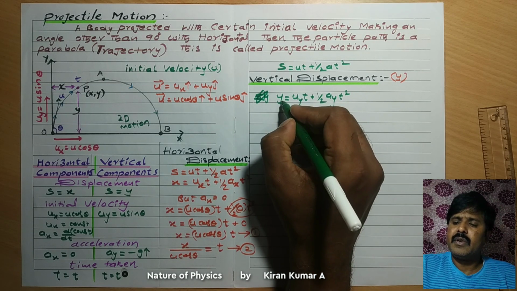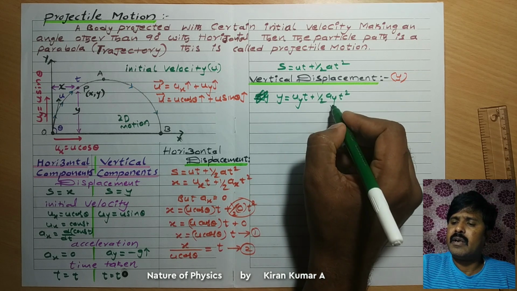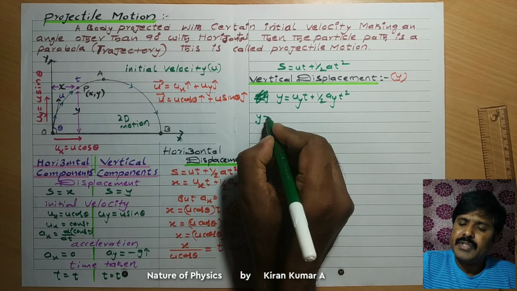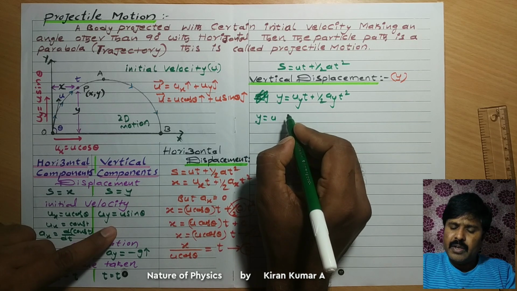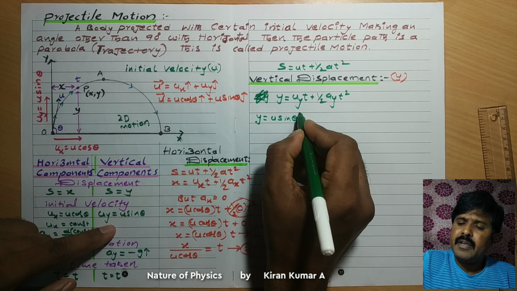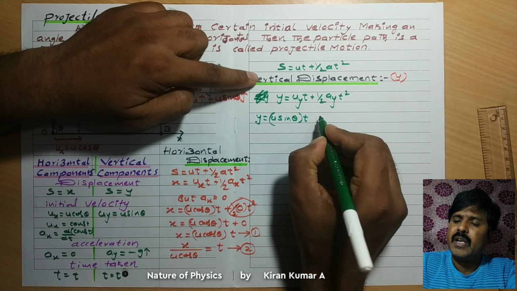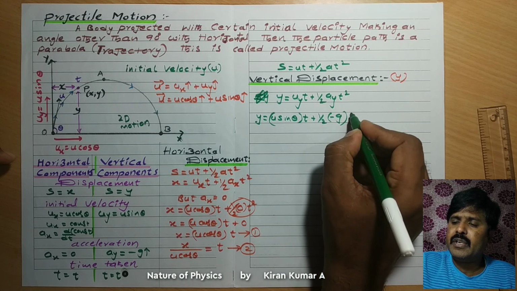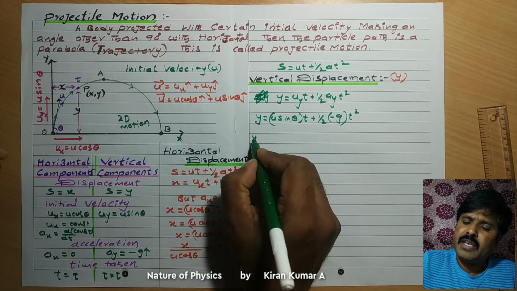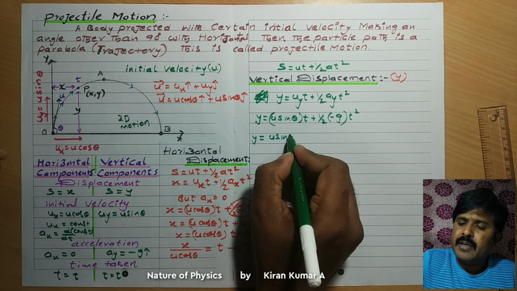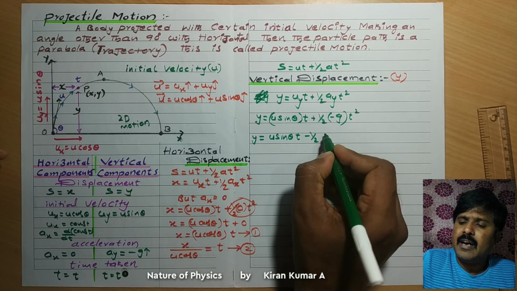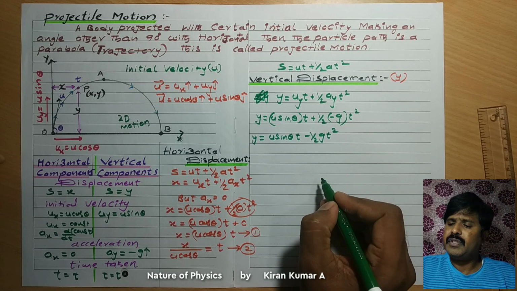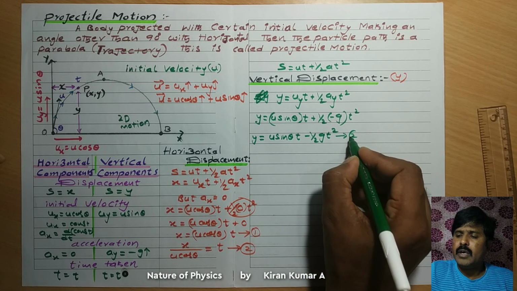S is equal to y, u is equal to uy, a is equal to ay, and replacing the values in the next step, y is equal to uy, which is u sin theta, into t, plus half into ay, whose value is minus g, into t square. So y is equal to u sin theta into t minus half g t square, and this is taken as equation number 3.